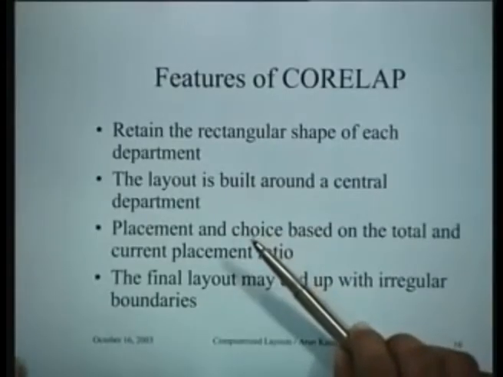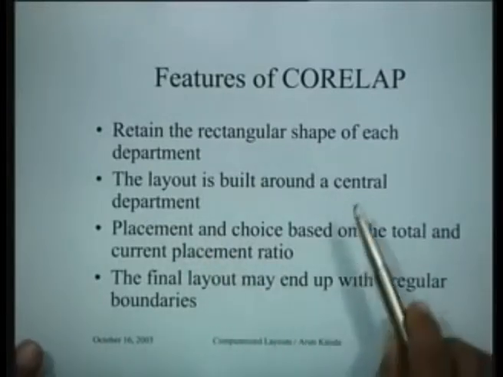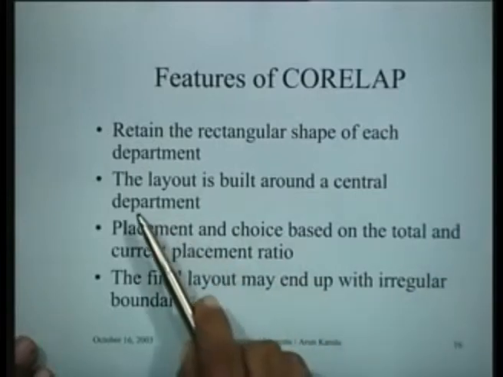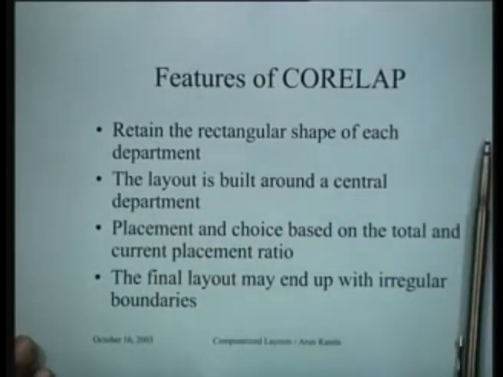And then what was done was, you pick up a department, not at random, it's based on what is called the total closeness rating, the total placement ratio or the current placement ratio, which means essentially that the department is placed centrally first, and then around that you build other departments.